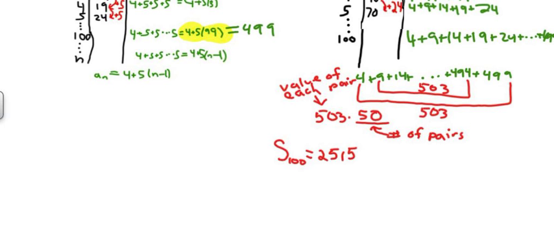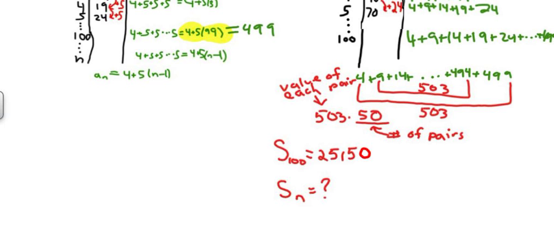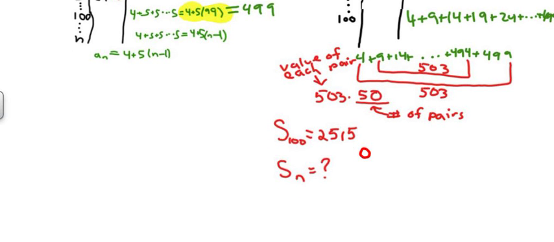Is that right? No, that's just 25,150. That's what 503 times 50 is. So 25,150. But we want to know what the sum of the first n terms is.